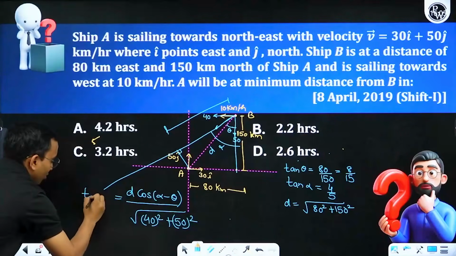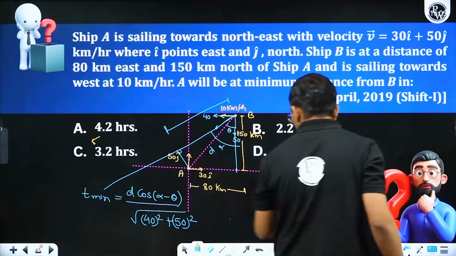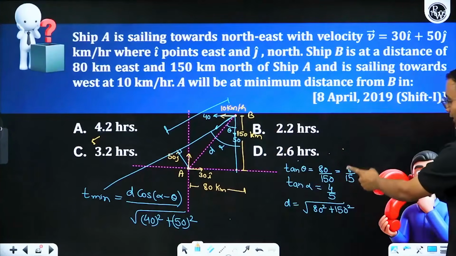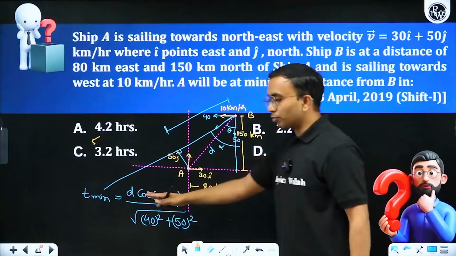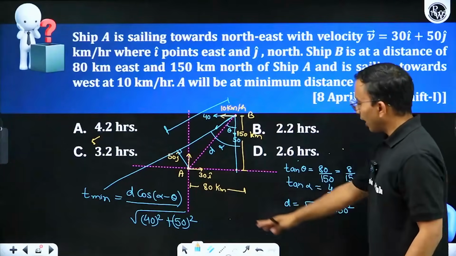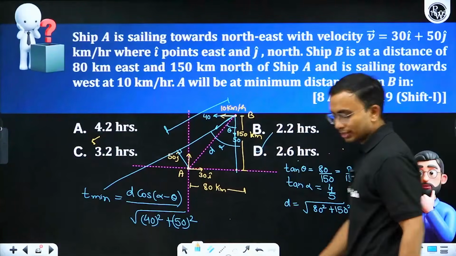This becomes the minimum time. Here D we know, tan alpha and tan theta we know, so we can find tan of alpha minus theta, from there put cos of alpha minus theta, and then solve it. From here it will come out to be 2.6 nearly.